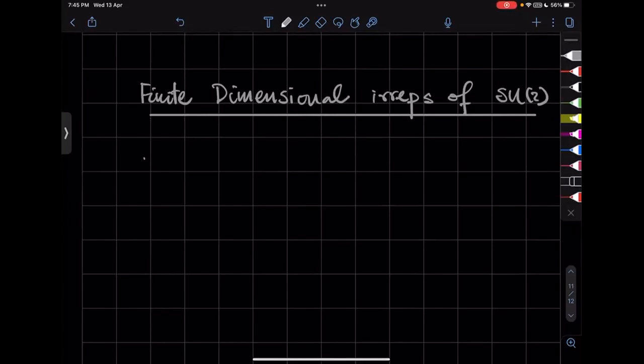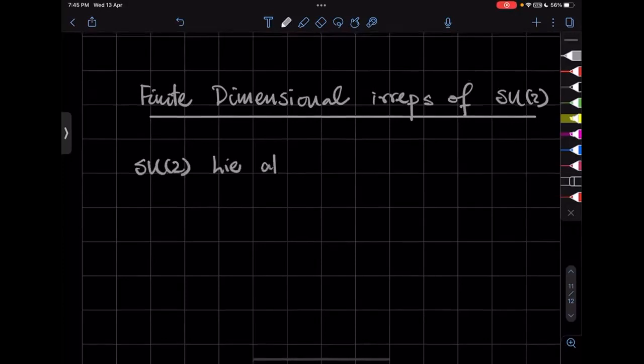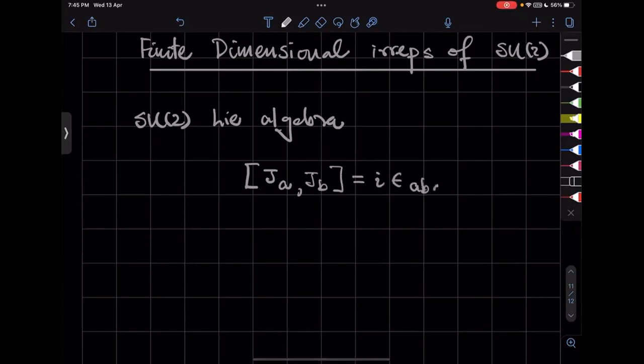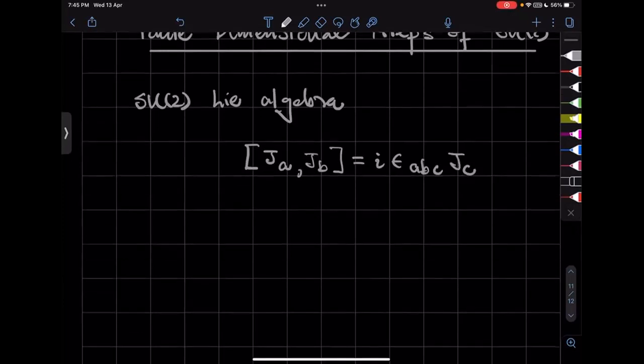So we start with the SU2 Lie algebra. Let me write this with J, using notation from quantum mechanics, angular momentum. Okay, so you guys know this, right? So explicitly, there are three non-trivial equations here.